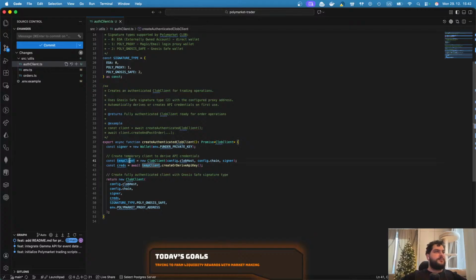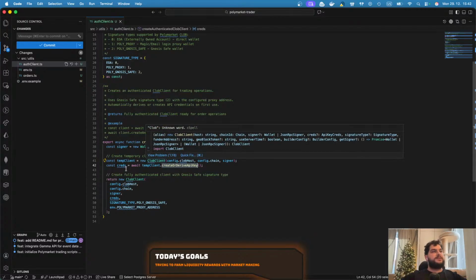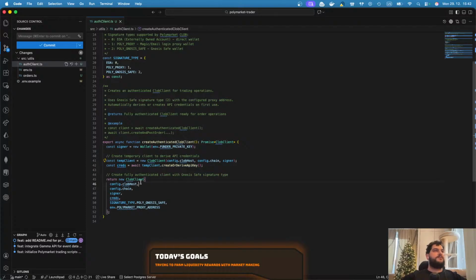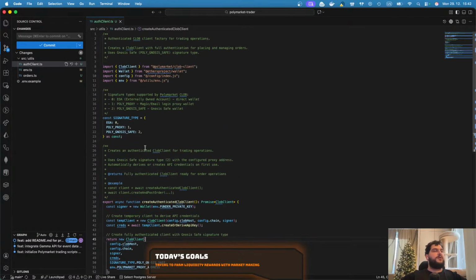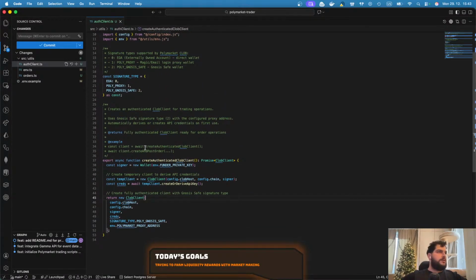So it creates a temporary client with only the signer to get the API keys and then creates credentials for the normal client. I thought it was all done under the hood.